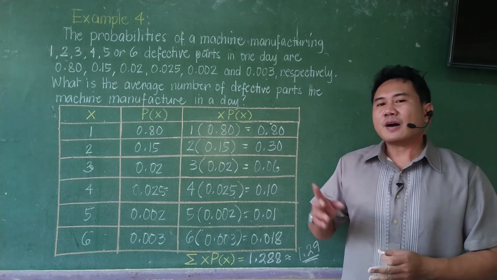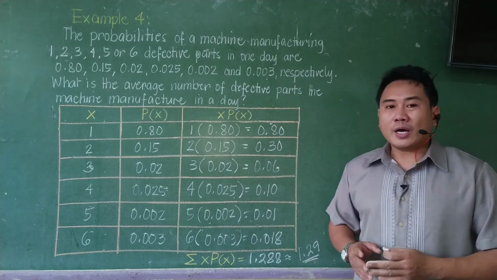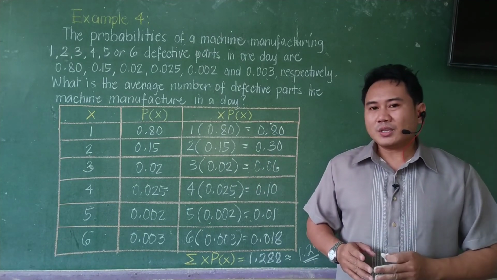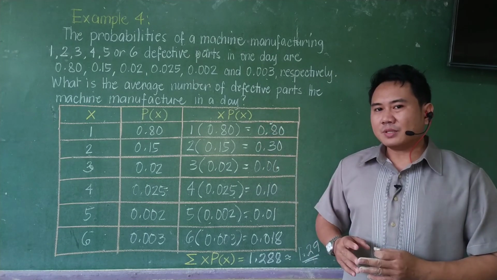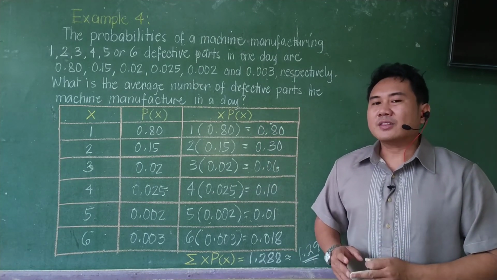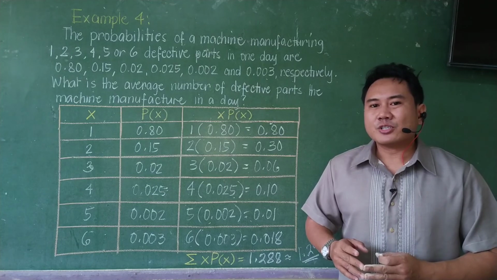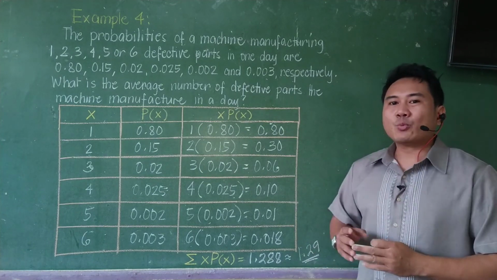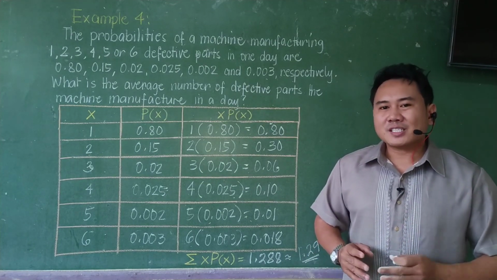The mean of our distribution is 1.29. What does it mean with respect to our problem? It means that the machine manufactures an average of 1.29 defective parts in a day.